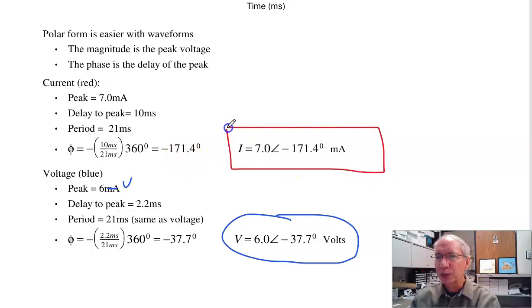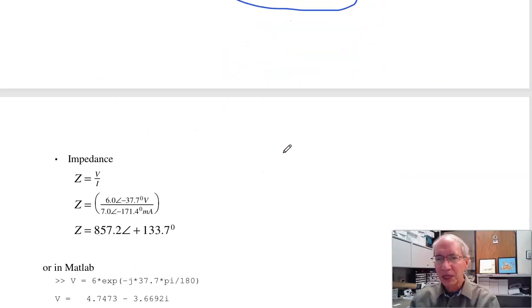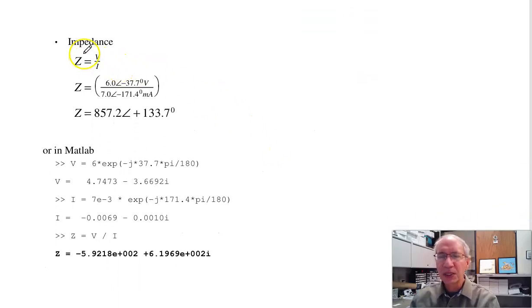This is the phasor form of the current. Take the ratio to get the impedance. The impedance is voltage over current, so 6 at minus 37 degrees divided by 7 milliamps at minus 171 degrees gives you 857 at 133 degrees. Whatever I'm measuring, that's what the impedance is.